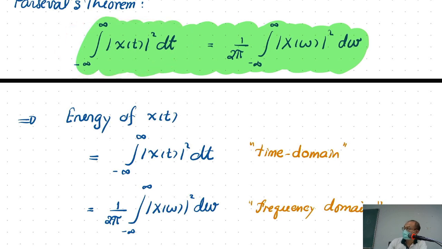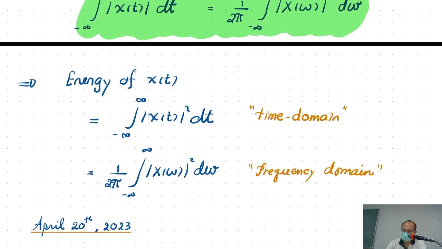So Parseval's theorem basically states that we can find the energy of a signal either using the time domain signal, the area under x squared integrated over time, or using its spectrum squared here.